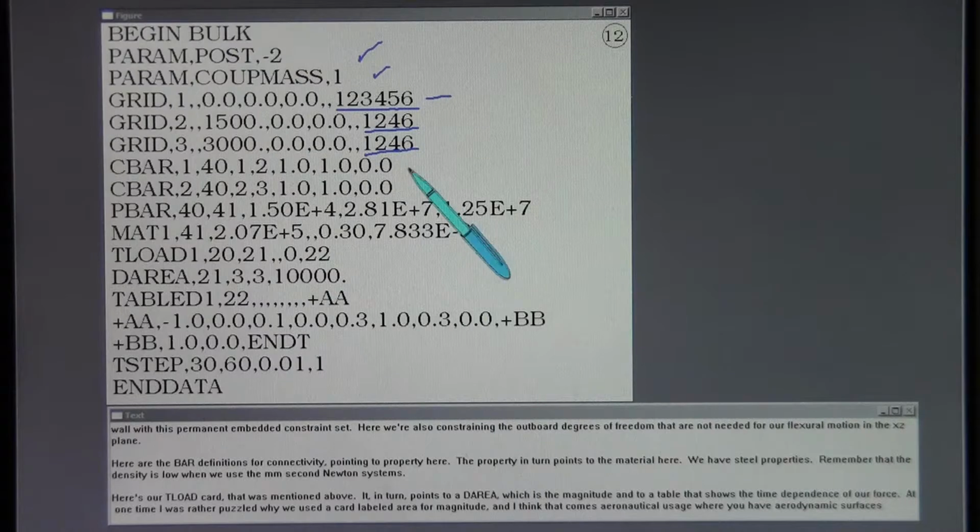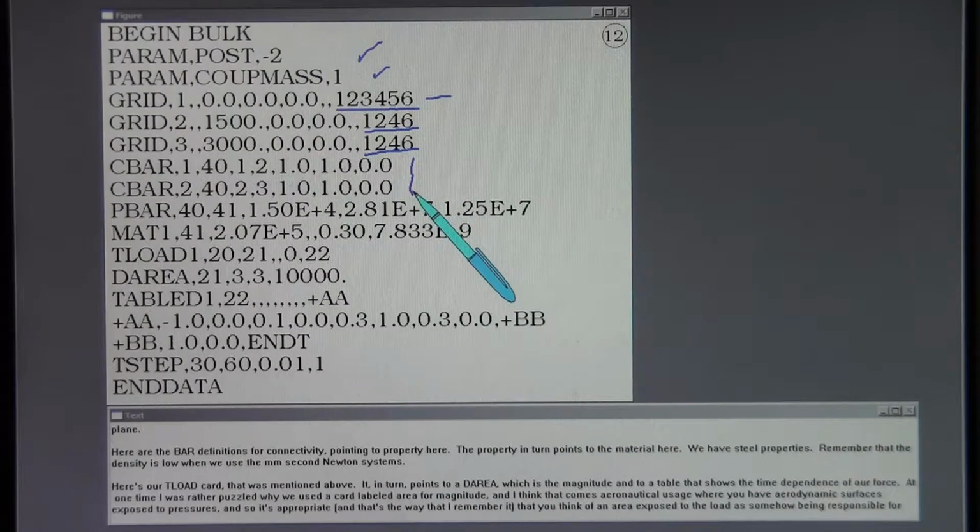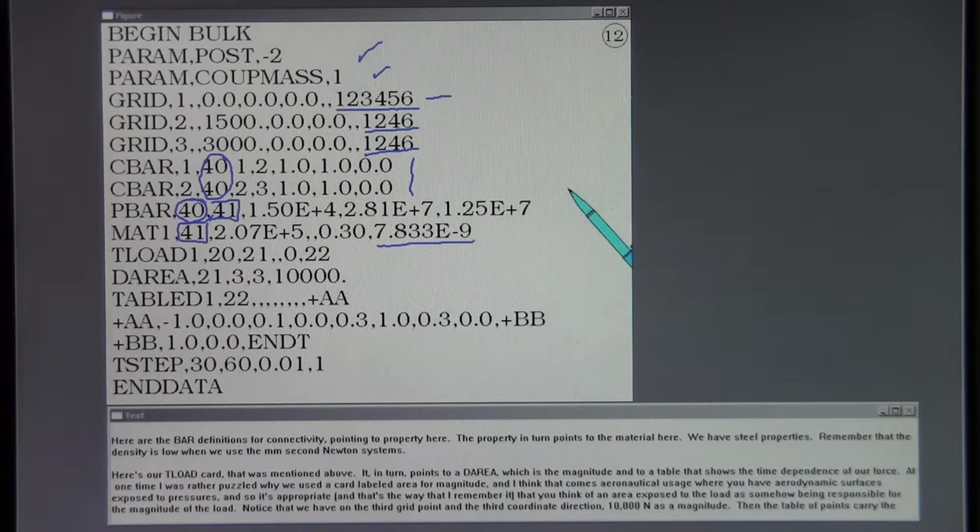Here are the bar definitions for connectivity, pointing to property here. The property in turn points to the material here. And we have steel properties. You remember the density is rather low when we use millimeter, second, Newton systems.